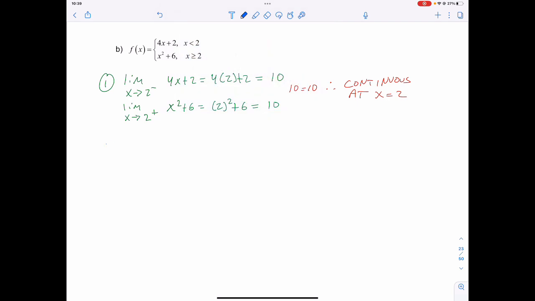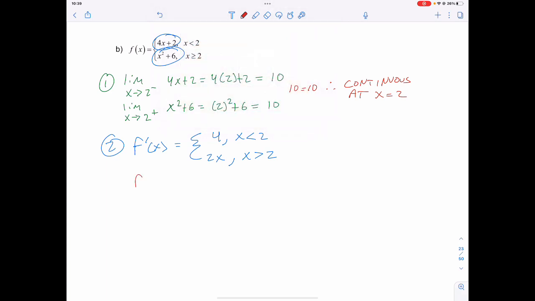What about f prime of x? Well, what do we know about f prime of x? When I take the piecewise, that's going to become 4 when x is less than 2 and 2x when x is greater than 2.